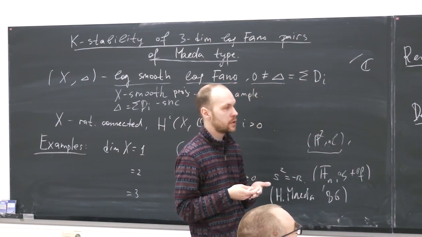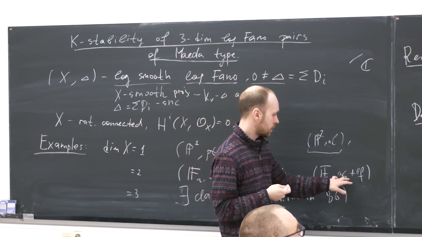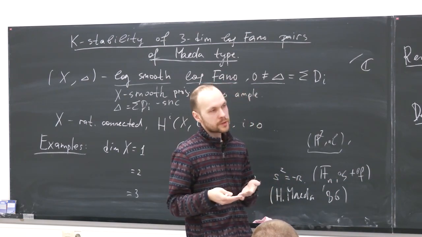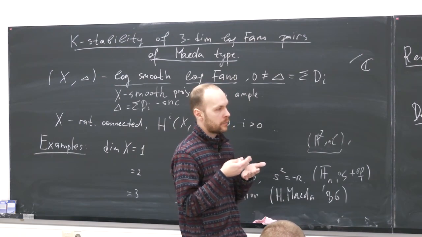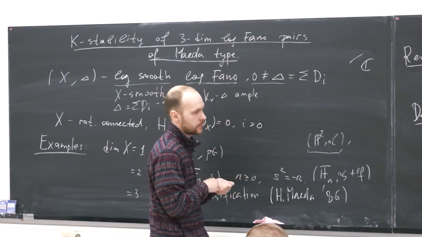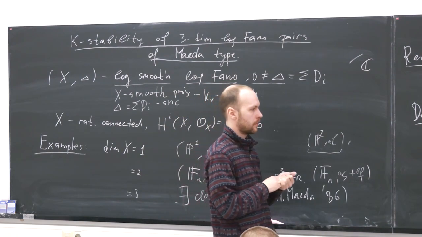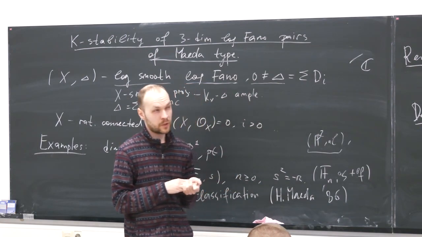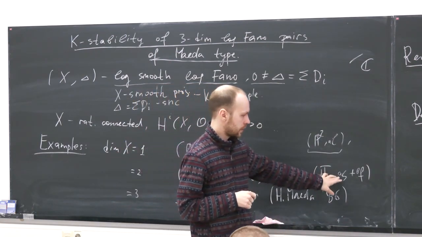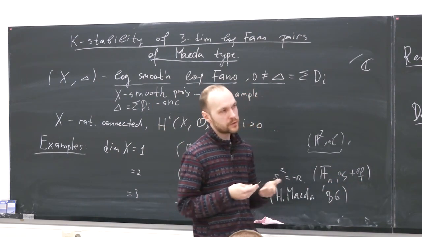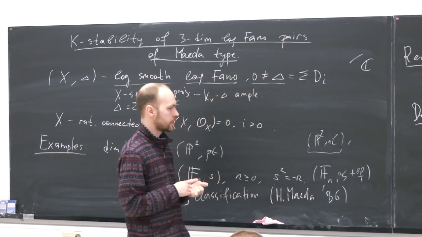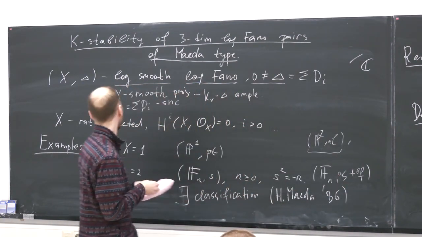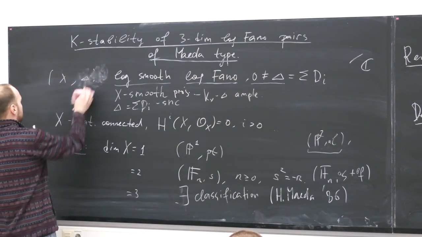And actually these values of coefficients are called in some works body of ample angles, so in the works of Yanir Rubinstein and maybe Ivan Cheltsov, but I'm not sure. So people study such coefficients, such values. Yeah, so not for all values we have a log Fano pair. Thank you for this question.